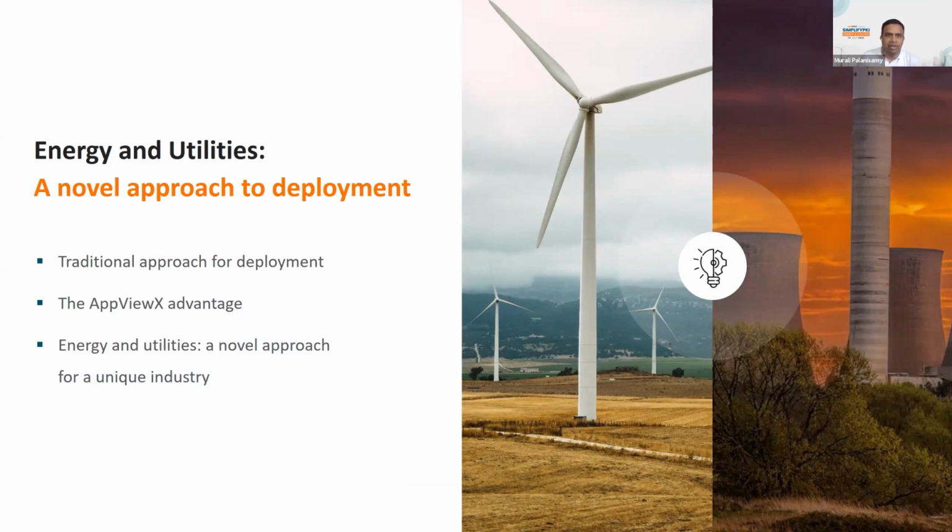Then we would look at, specifically for energy and utilities, what is the difference, and how, especially in the OT environment and segmented environments, we can take this approach and achieve that as well. So we're going to look at that.